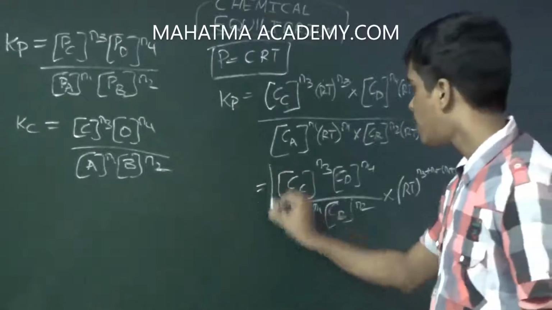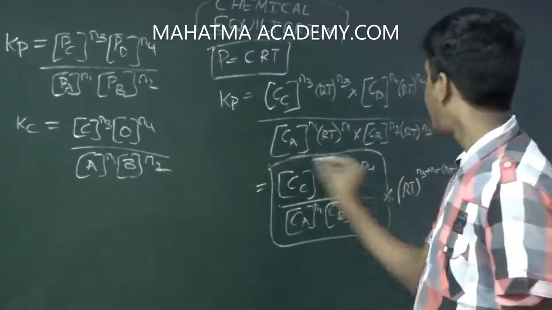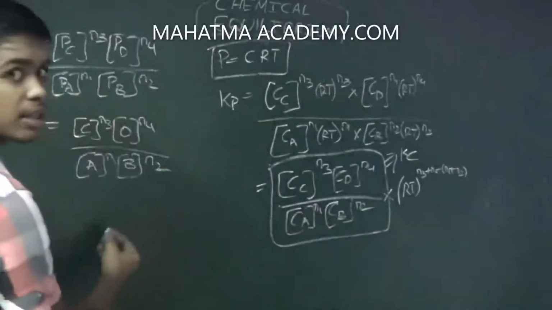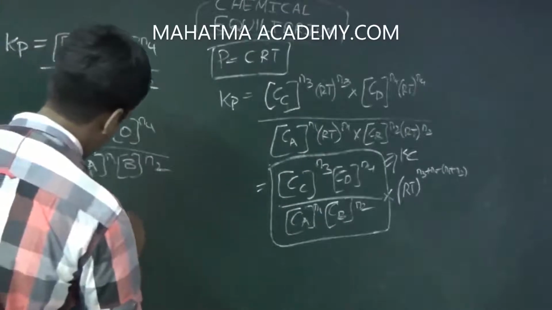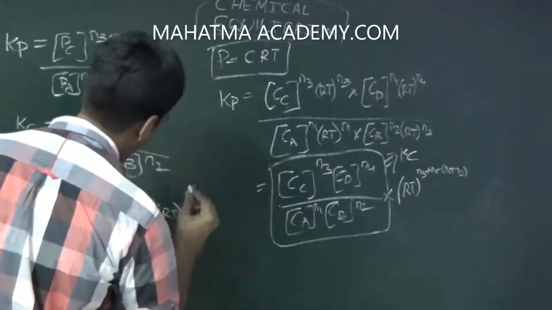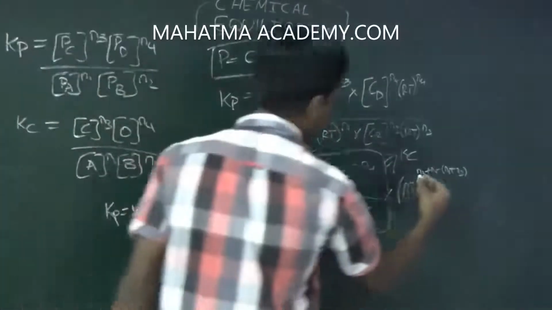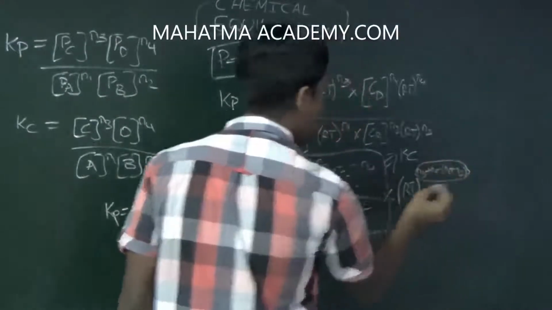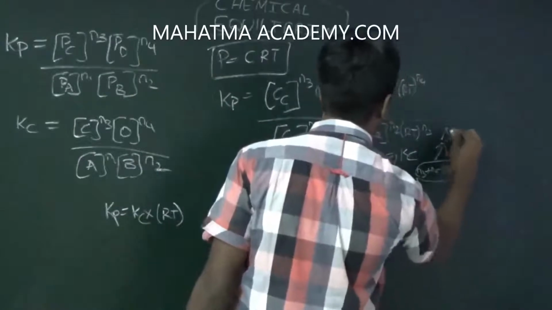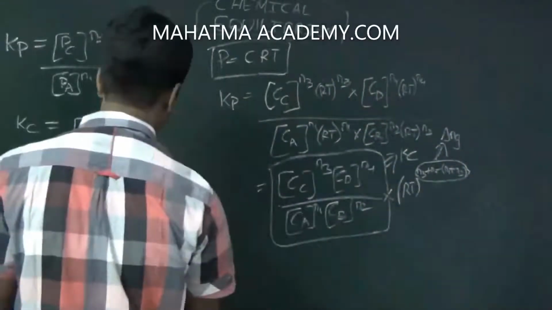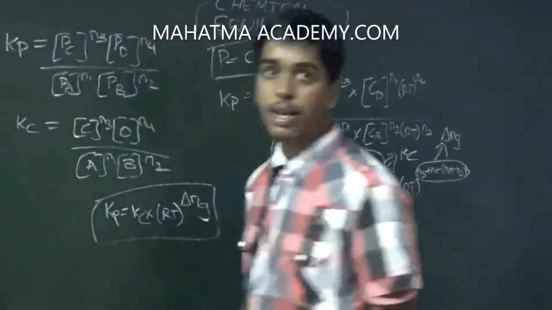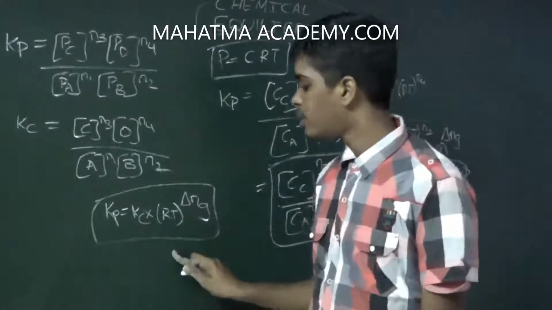Now we know that this is Kc. Now we will write the relation as Kp is equal to Kc into (RT) to the power of delta n. It is only applicable for gases, delta n g. This is the relation between Kp and Kc.